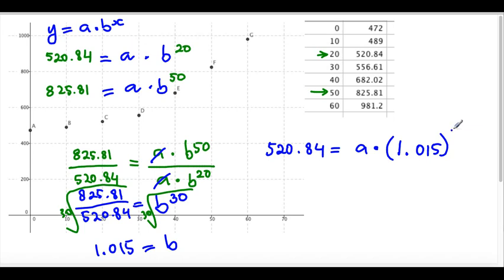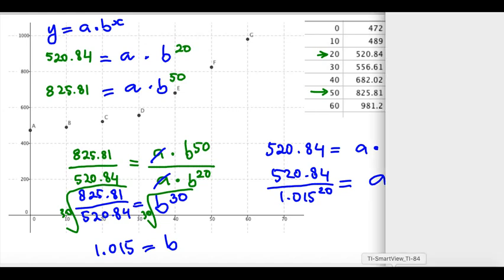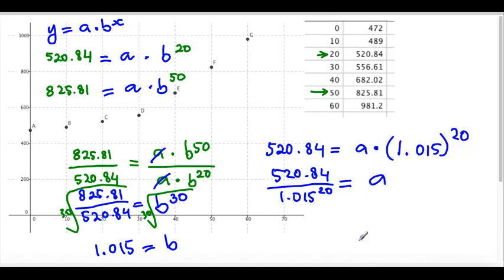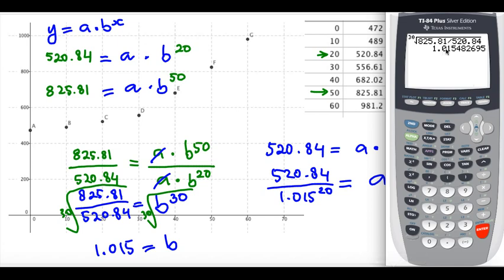So in this case, power 20. So knowing that, your a value will be actually 520.84 divided by 1.015 power 20. So if I again use my calculator to do it, you see here, I still have my long b value over there.